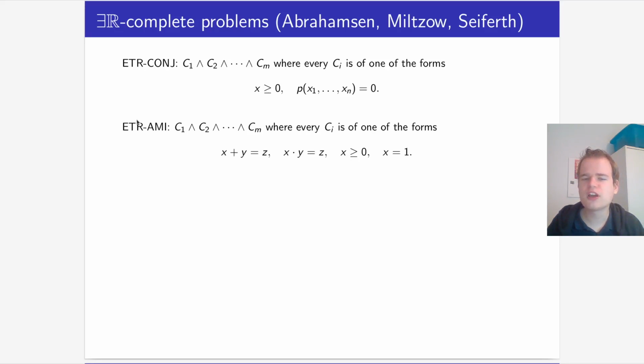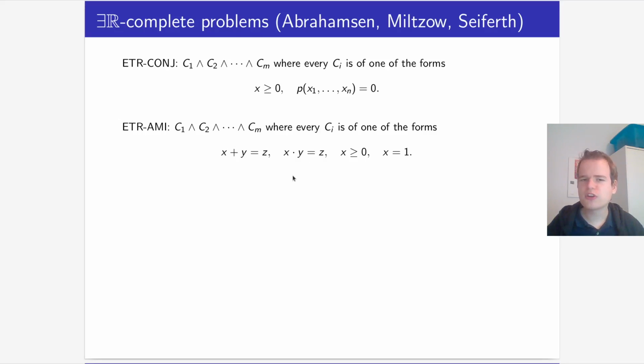But we can simplify this even further to, for example, ETR-AMI, where we replace these polynomial constraints by polynomials of very specific forms. So we have this addition constraint, this multiplication constraint, and we also still have this inequality constraint and some extra constraint. And this is still ER complete, basically because every polynomial can be written using just additions and multiplications.